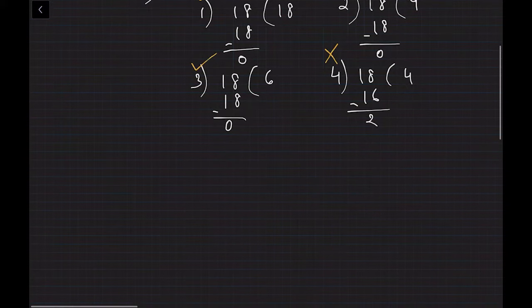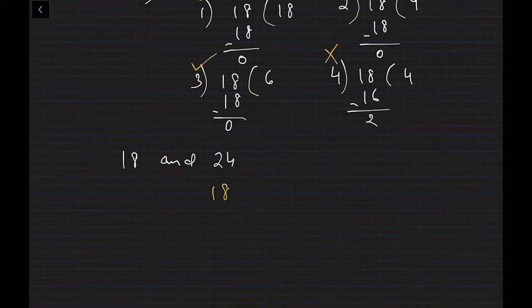Let me take two numbers. Let me take 18 itself, and the second number as 24. Now let us list out all the factors of 18 and 24 horizontally. First let's take 18. So what are the factors of 18? Factors means the numbers which divide 18 completely without leaving any remainder.